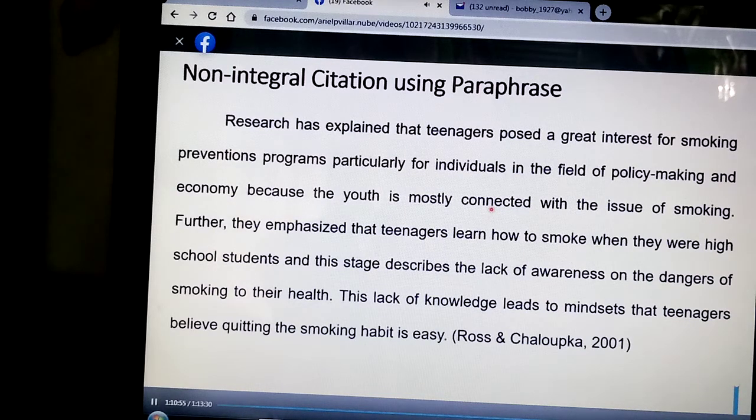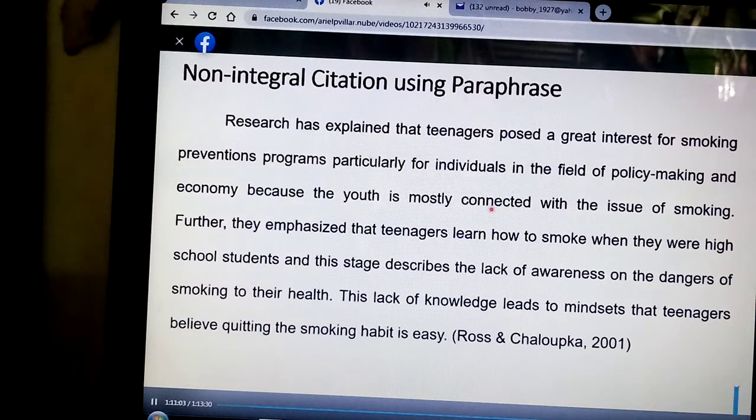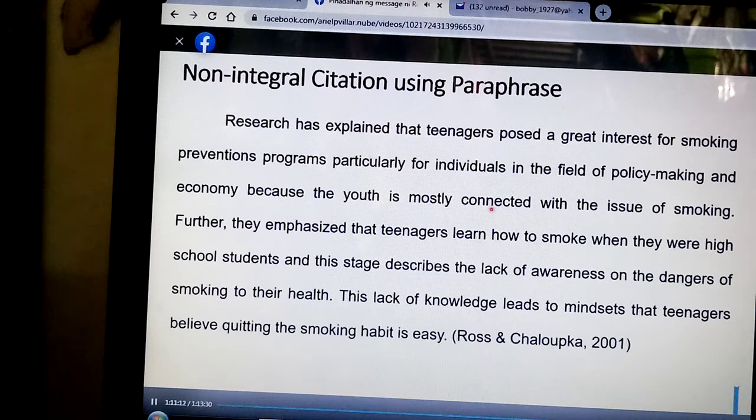And then, basically, the more that you read, the more that you understand better your study, the more that you can actually contribute to the knowledge of the field. Mas nagkakaroon kayo ng magandang contribution because you understand fully the conceptualization of your study. Tatandaan nyo, dalawa lang naman ang citation, either the non-integral and then the integral formatting.